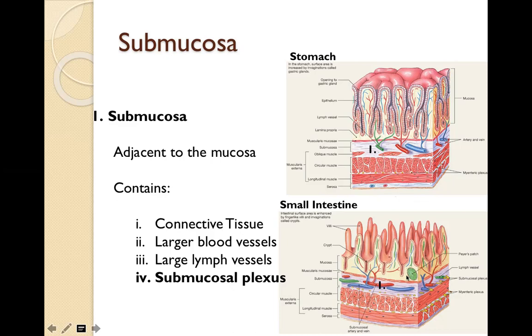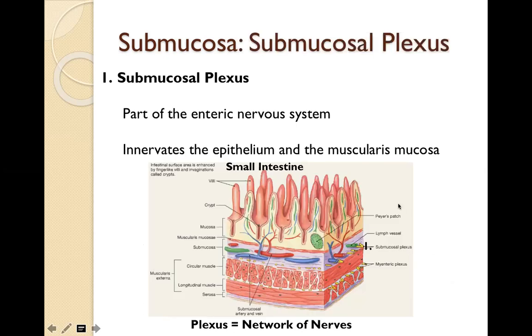I want you to make note of the submucosa in the small intestine. There's that muscularis mucosa, just like the stomach, and those large vessels. I want you to notice that there are some nerves within there as well. And these nerves are part of what is referred to as the submucosal plexus. We'll talk about this.